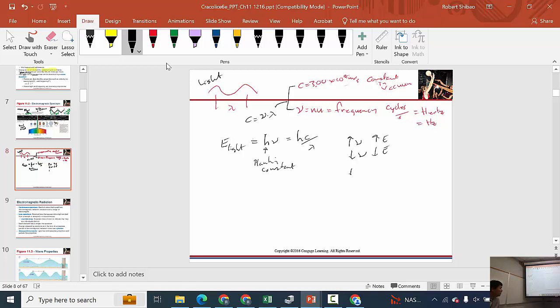It's inversely proportional to wavelength. That is, as the wavelength decreases, frequency increases. As frequency increases, the energy increases. And so long wavelength light has lower energies. Short wavelength light has higher energies. So these are the basic relationships.